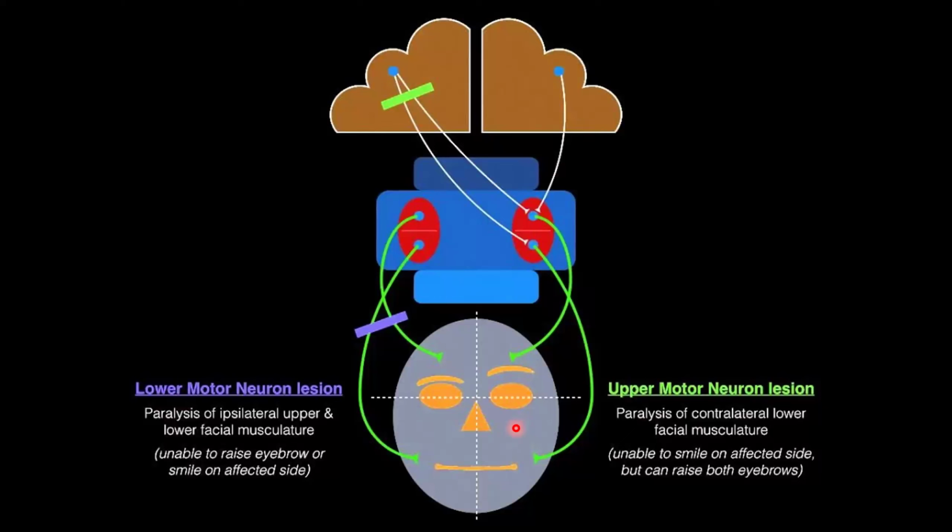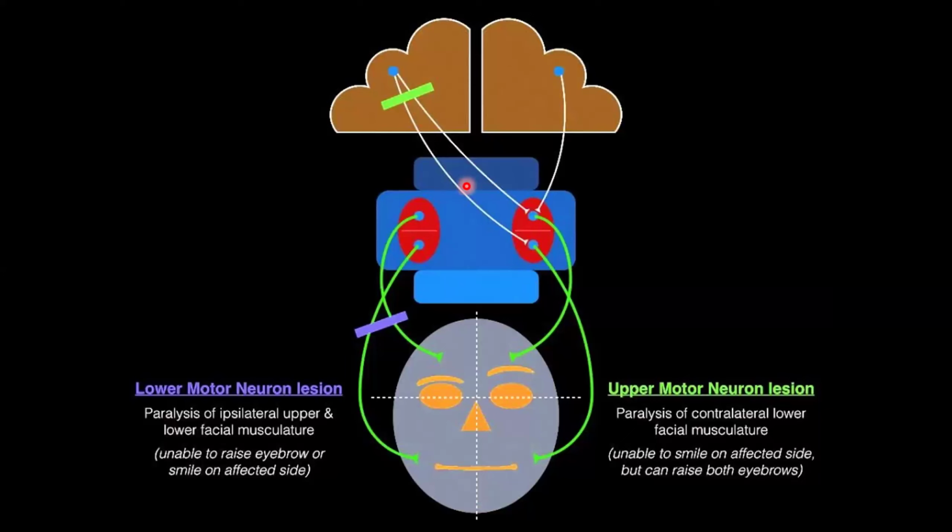Moving down to the actual level of the face itself, we have two separate branches, one supplying the forehead and one supplying the rest of the face. And obviously it's for half of the face, always. So those branches that come to the upper portion are bilateral.